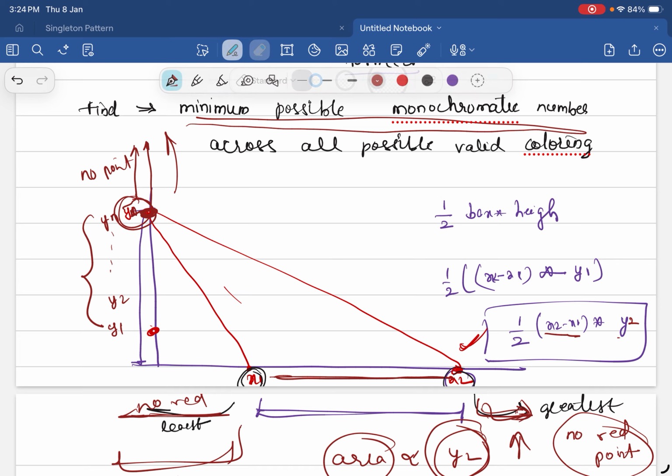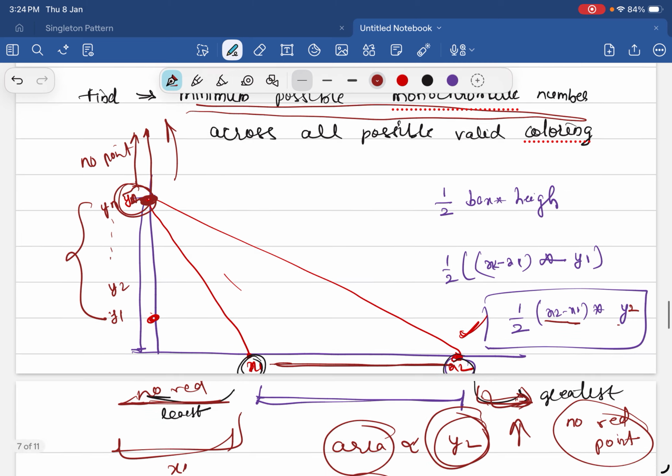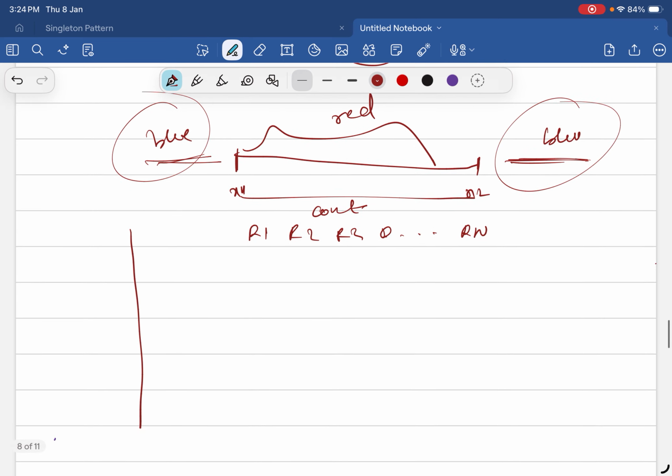Then all red will definitely lie in this range. So if I have y1, y2, y3, up to yn, then all of these will be red points, and you can have blue points either over here or over here. Now we understood that to get the maximum area, all red points need to be continuous.